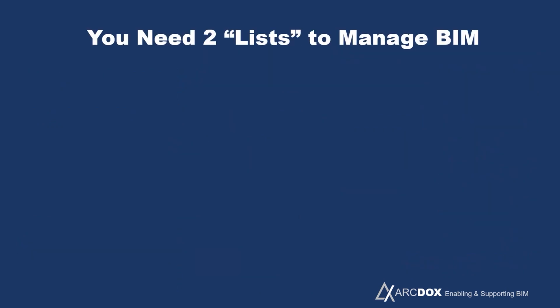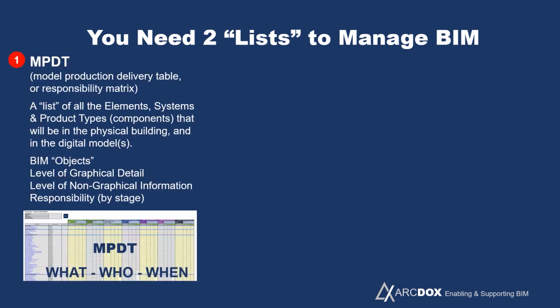And with that in mind, to effectively manage the information on the project, we need two lists. The first list we need, which is called the responsibility matrix, or what used to be called the model production delivery table, is effectively a list of all the elements, systems and product types that are going to make up the physical building.